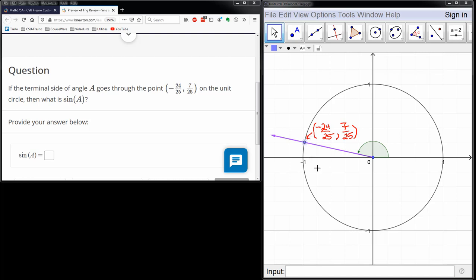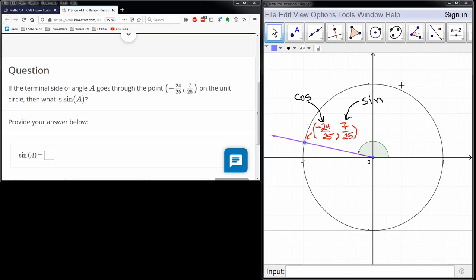So basically this question is just asking: do you know the unit circle definition of sine and cosine? It tells us the answer right away, because the unit circle definition says that the x-coordinate is the cosine of the angle, and the y-coordinate is the sine of the angle.